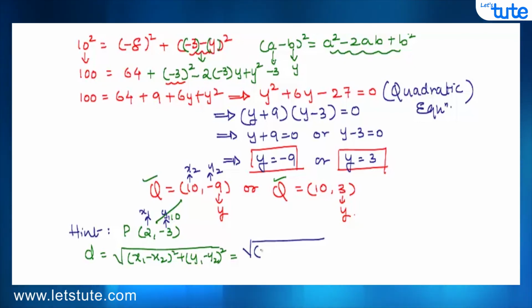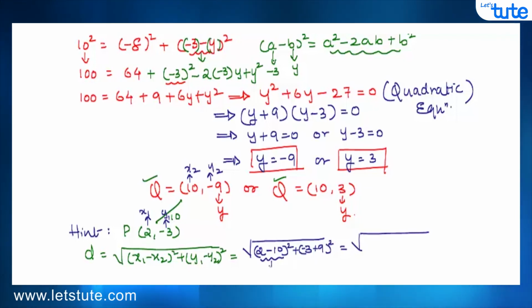x1 is 2 minus x2 is 10, whole squared. y1 is negative 3, minus y2 is negative 9. So it will become positive. So what will this become? This will be 2 minus 10, that is minus 8, minus 8 squared.